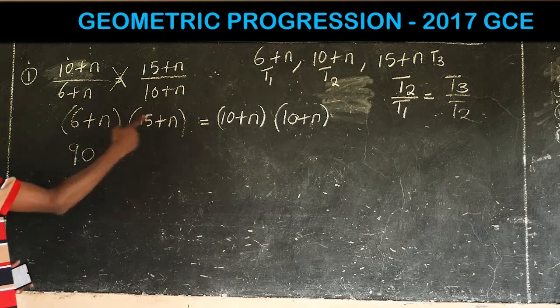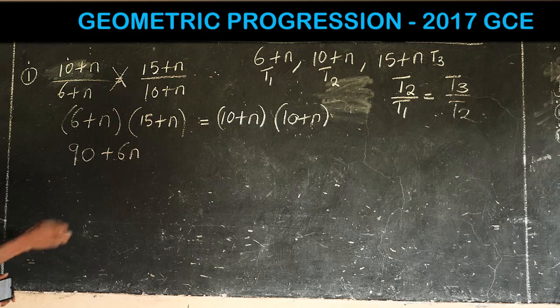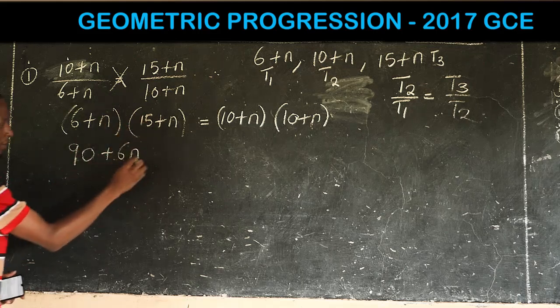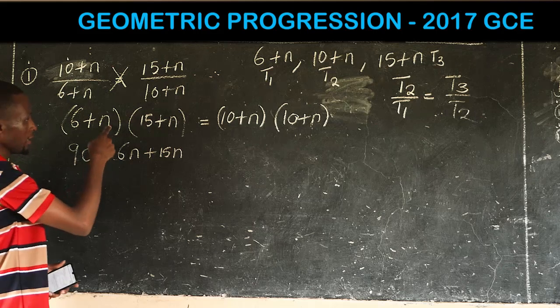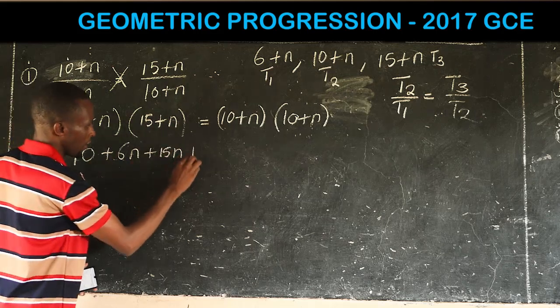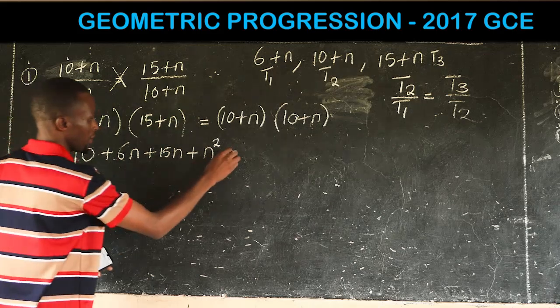Then 6 times n, so plus 6n. Then n times 15, which is 15n. And then n times n, which is n squared. I hope you are following.